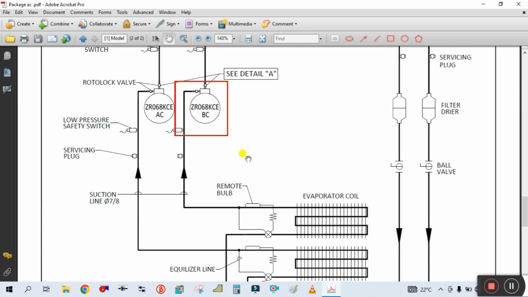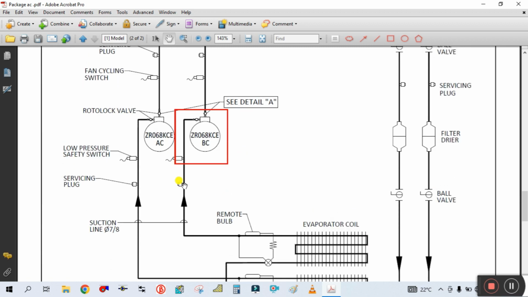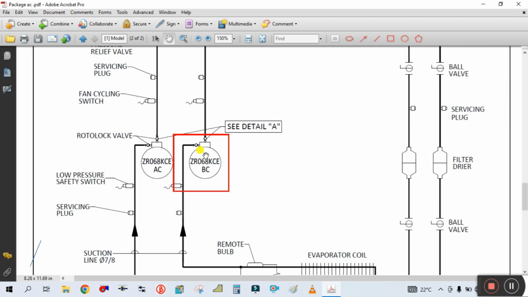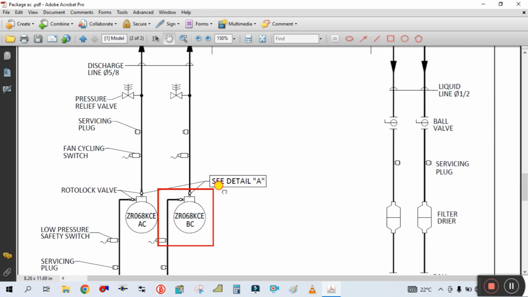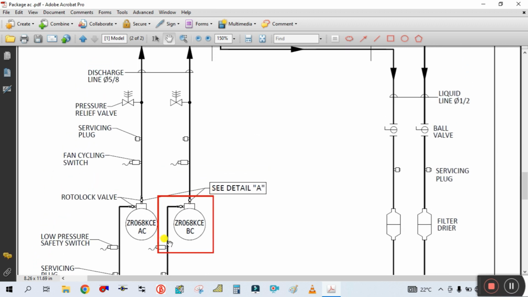The vapor is nothing but the refrigerant gas. This refrigerant is compressed inside this compressor, and due to this compression, the temperature and pressure of the refrigerant increase.